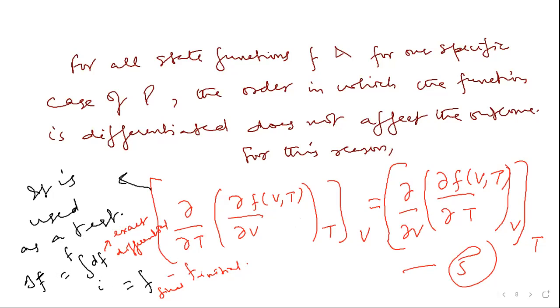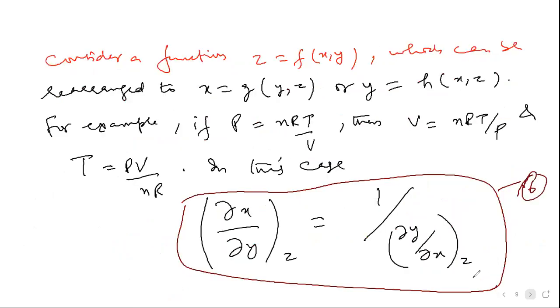Then we said a finite change in a state function can be written as an infinitesimal change in the function. Then we can integrate that infinitesimal change from initial to final. It will be the value of the function at the final state minus the value of the function in the initial state. df is called an exact differential, and this nomenclature of exact differential is used only for state functions, right?